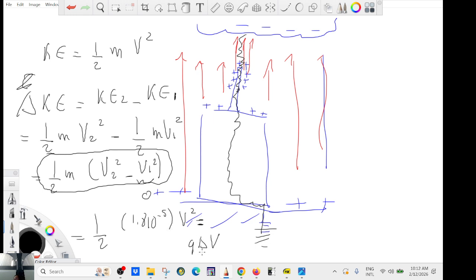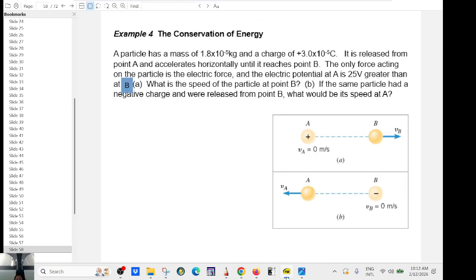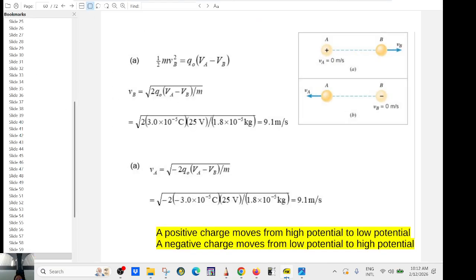But be careful, don't make the mistake of doing v2 minus v1 squared. It's v2 squared minus v1 squared. So remember, positive charge goes from high potential to low potential, negative charge goes from low potential to high potential.